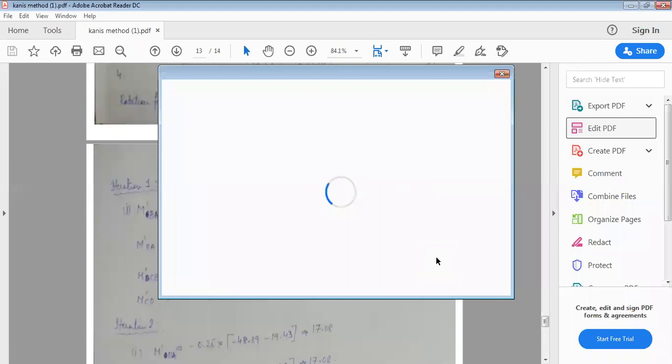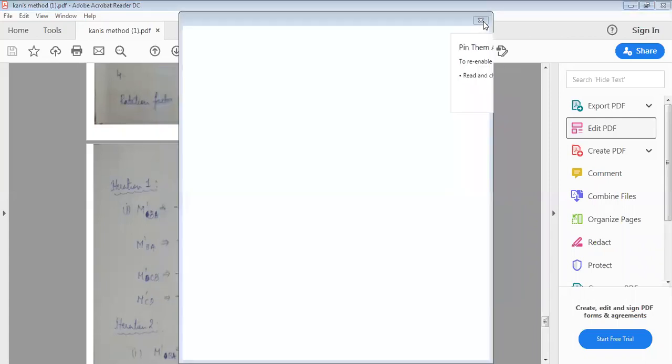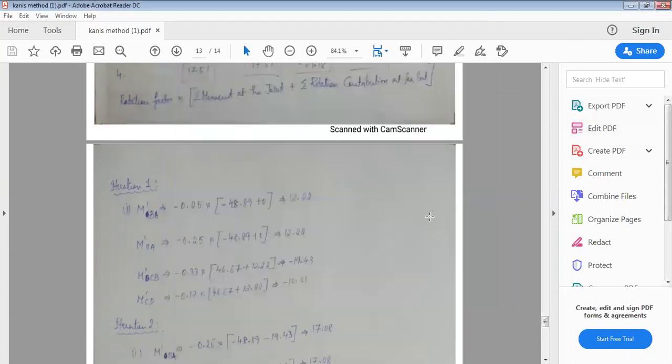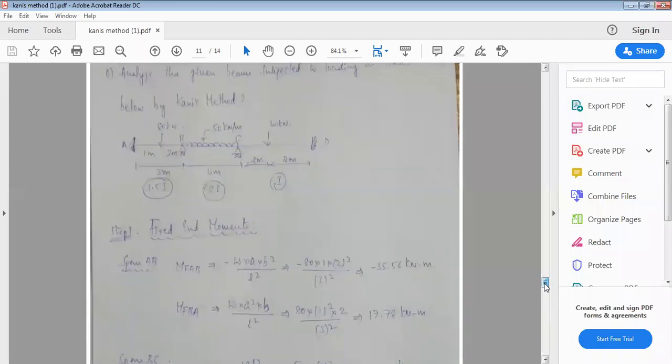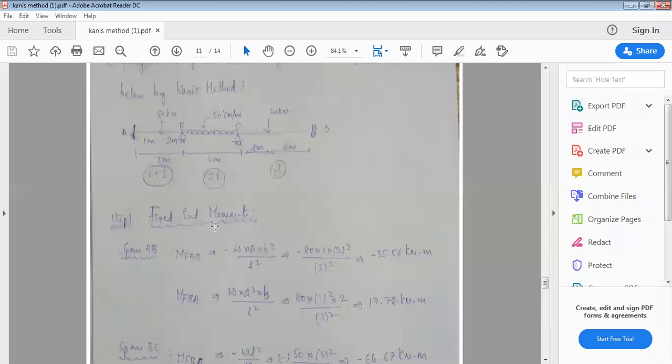Are you able to see the screen? Hello, good morning to everyone. Are you able to see the screen? Good morning. Are you able to see the screen? Yes, sir. Okay. So yesterday, where we ended up in the second problem, we calculated the fixed end moments.